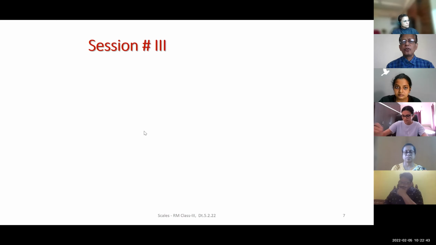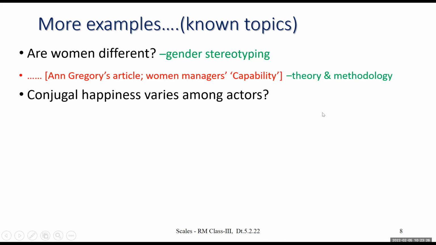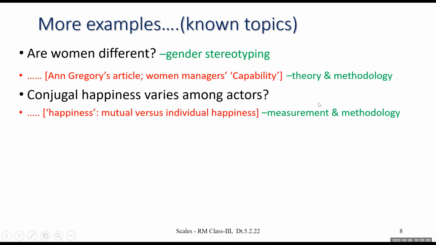One is the article by Anne Gregory, which I had asked about, and it is basically on research on gender stereotyping. Here, this is something about theory building, and it talks about the beauty or the challenge of methodology.